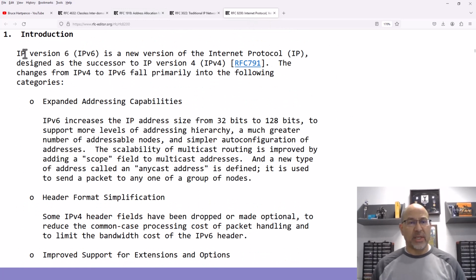And IPv6 is a new version of the Internet Protocol designed as the successor to IPv4. So this would be RFC 8200. So there's an awful lot in this RFC, but this was supposed to be the long-term solution. So why aren't we doing more IPv6? And that was because of the success of 3022, at least in part.